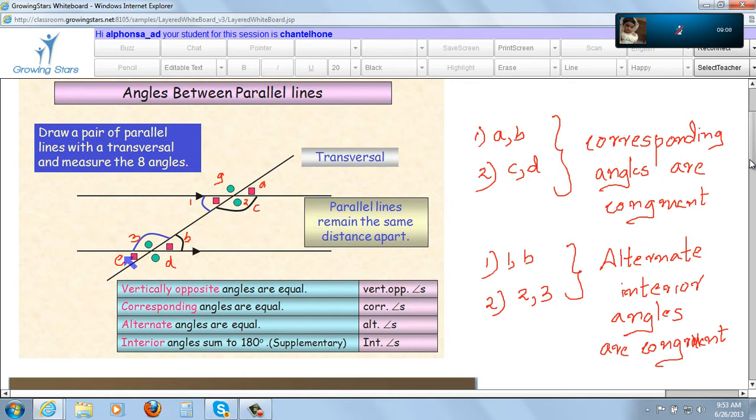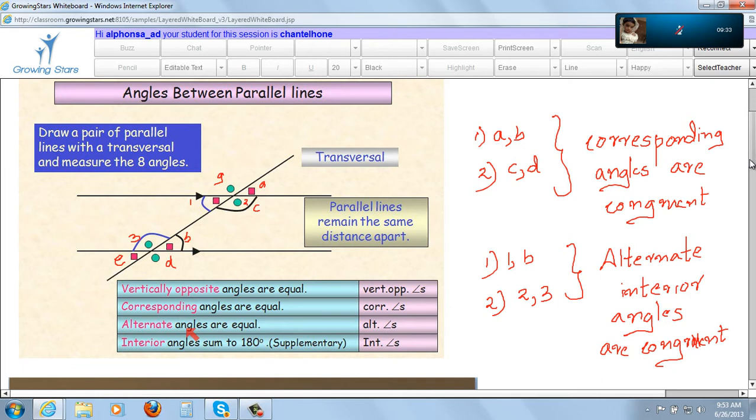That is E. Okay, no problem, it happens. Alternate interior angles will always be inside the two parallel lines and exterior means outside the parallel lines. So alternate interior and exterior angles are congruent.